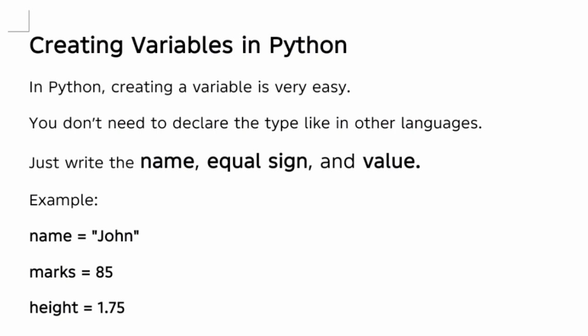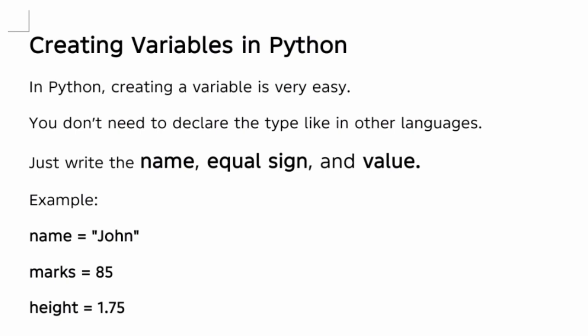Now let's see how we can create variables in Python, or variable declaration in Python. In Python, creating a variable is very easy. You don't need to declare the type like in other programming languages. In other programming languages like C++, to declare a variable, you must use what we call a data type.